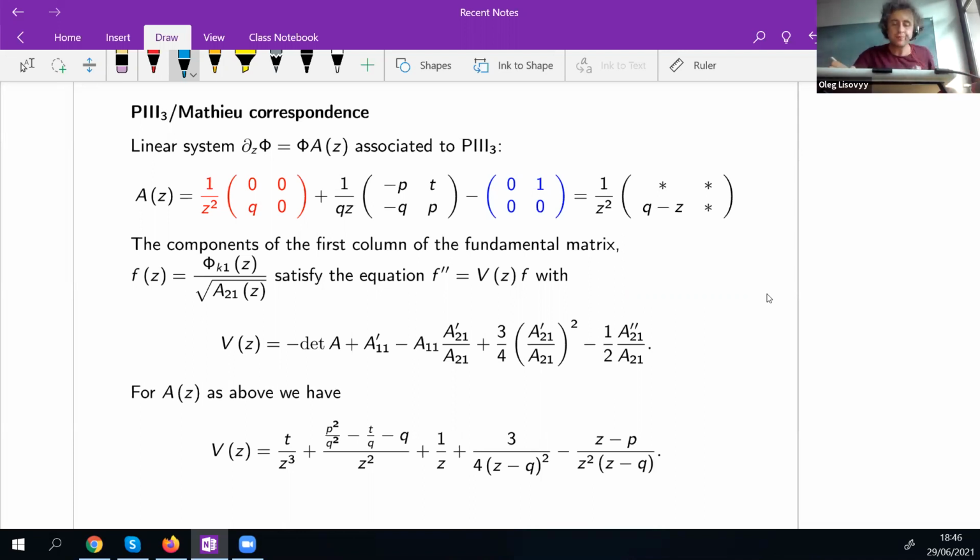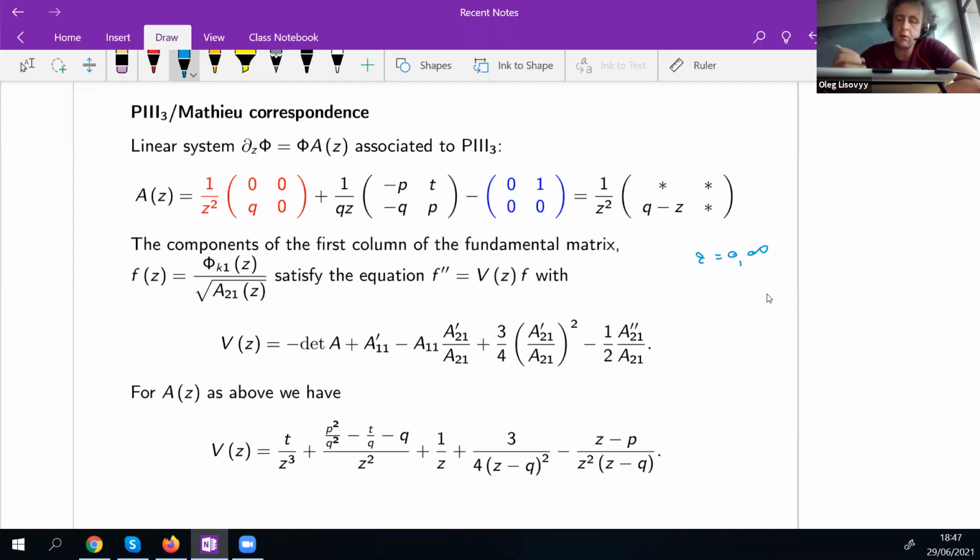But when we do that, it is rather obvious that in addition to the original irregular singular points z equal to 0 and infinity, we will have extra apparent singularities.